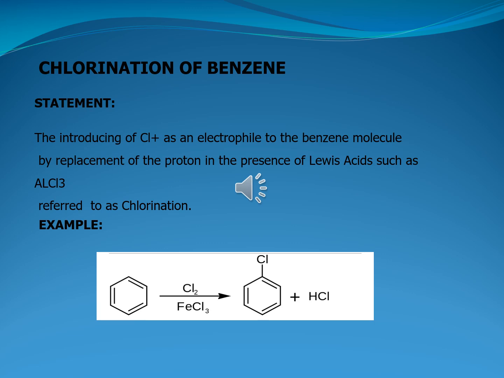So we get the final product, that is chlorobenzene, with the formation of the byproduct, that is hydrochloric acid. You can observe here a substitution takes place between the terminal proton of the benzene molecule and the chlorine atom in the presence of Lewis acid.